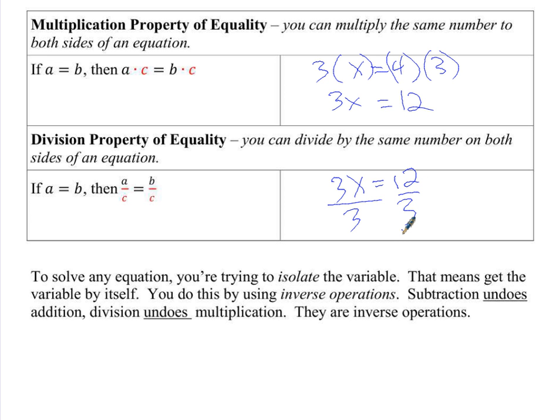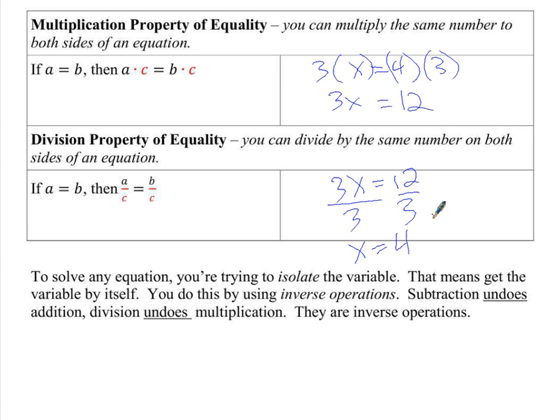I wind up with a true statement. 3x divided by 3 is x equals 12 divided by 3, which is 4. How do I know I'm using the division property of equality if I'm looking at it? Because I divided. Okay? Very simple.